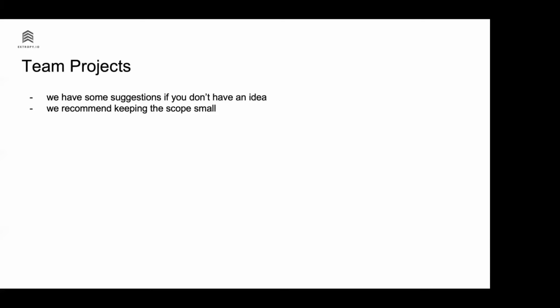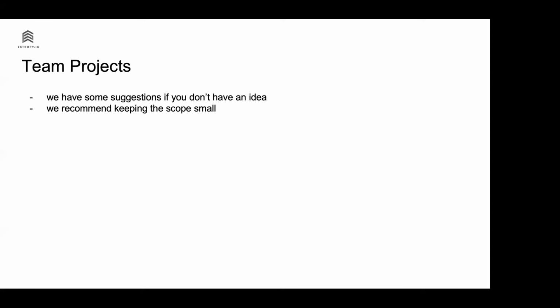At some point soon, we'll start to think about team projects. Typically, in the last 4 weeks of the course, we'll set aside 1 day each week for you to work on team projects. But before then, it's a good idea to start to think about any ideas you may have around the project. If you don't have an idea, we can suggest some, and we can advise you on what would make a reasonable project.